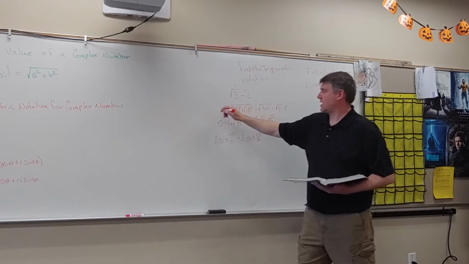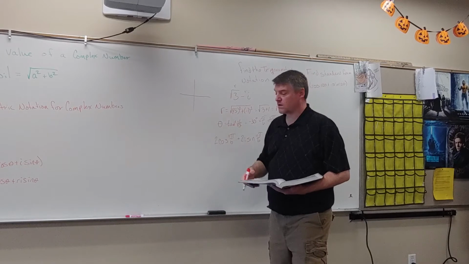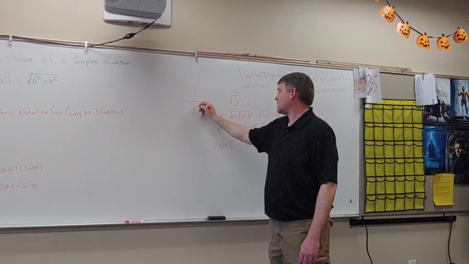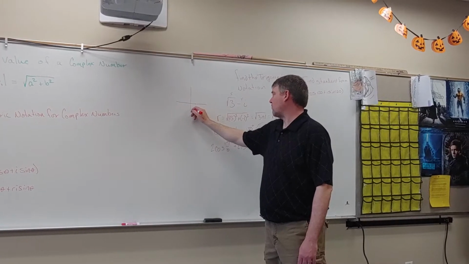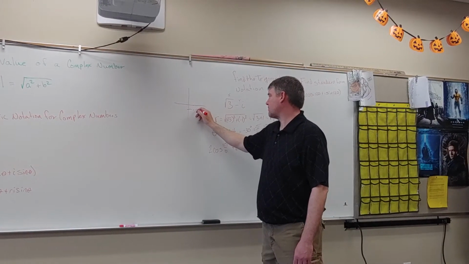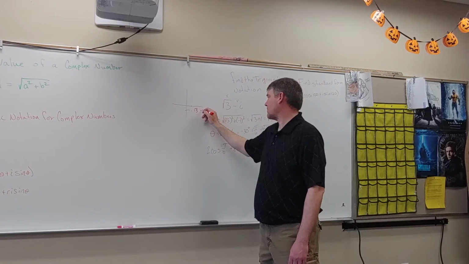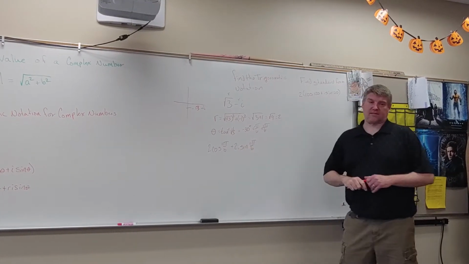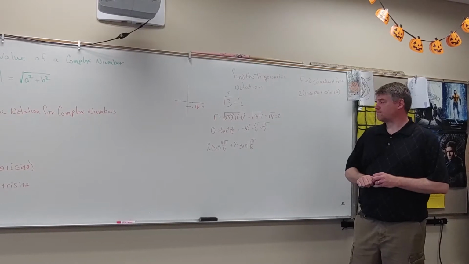And hopefully you understand that we are in quadrant 4 because we have a positive square root of 3 and a negative 1. So the 11 pi over 6 is in quadrant 4.